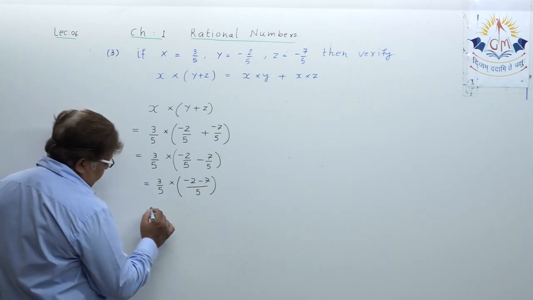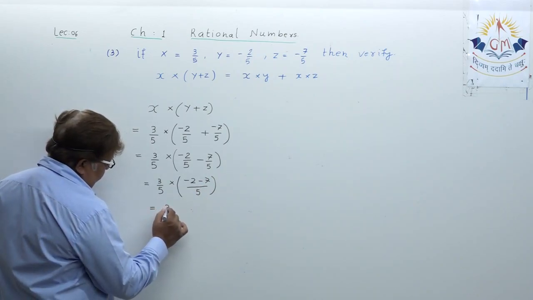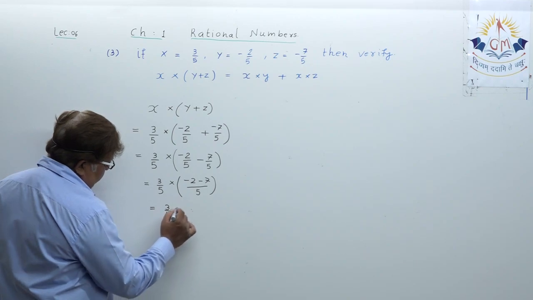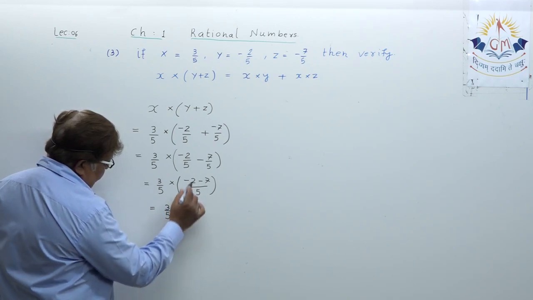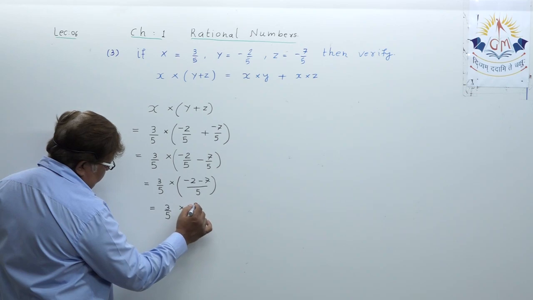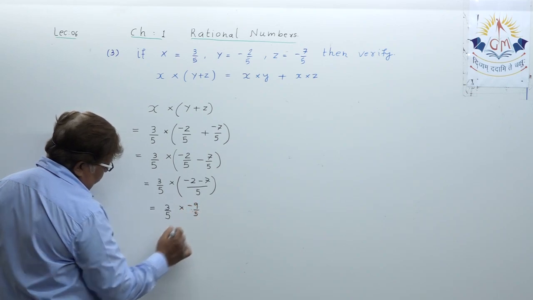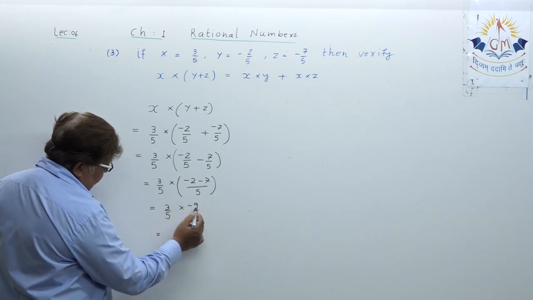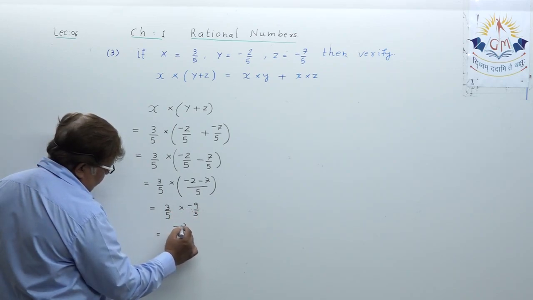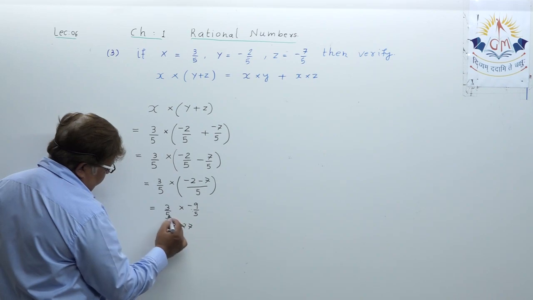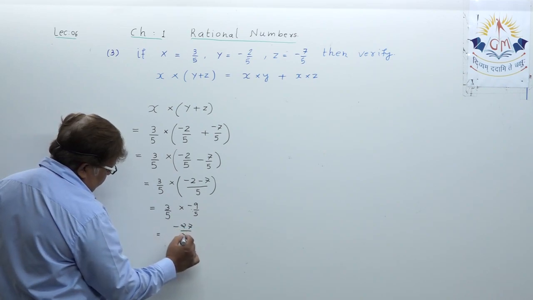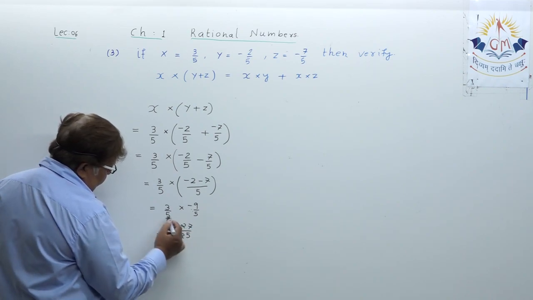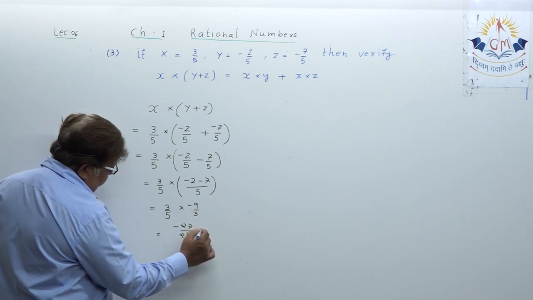Is it clear in your mind? 3 upon 5 multiplied by minus 9 upon 5. Numerator to numerator, minus 27 upon 25.